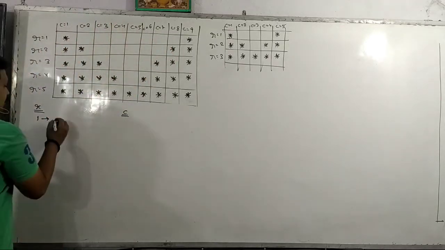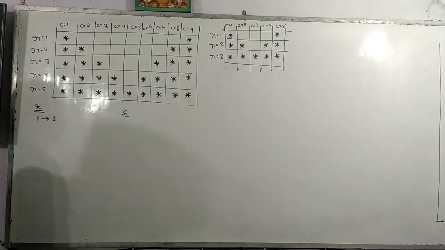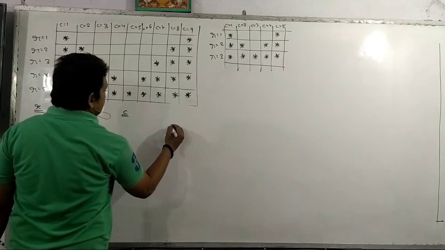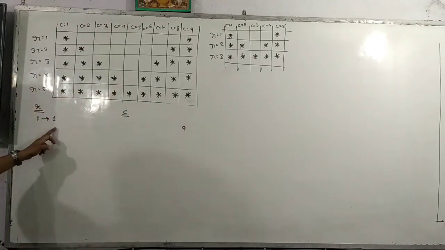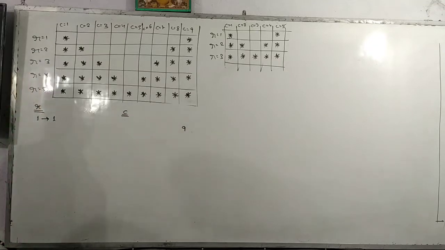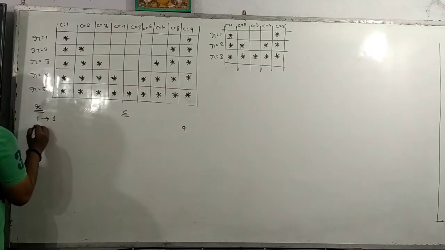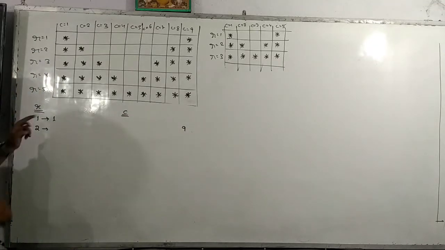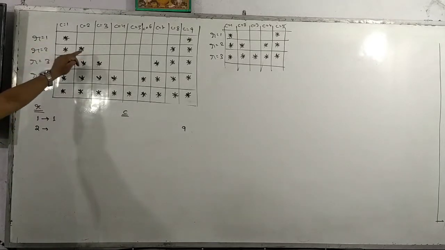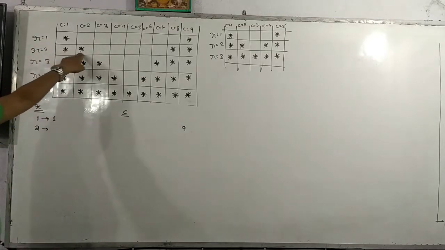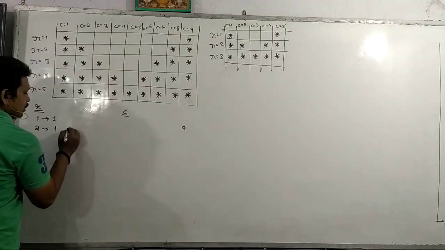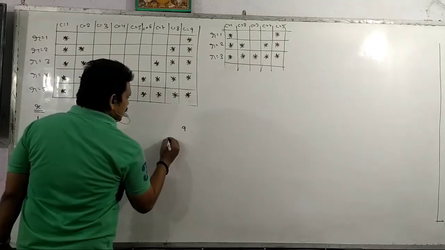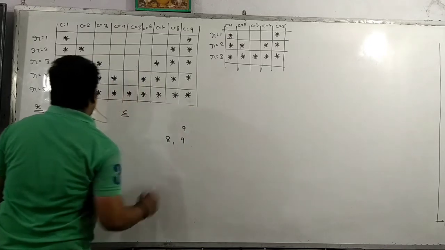When C is equal to 1 and when C is equal to 9. When R is equal to 2, on which values of C are the stars getting printed? 1, 2, 8 and 9.